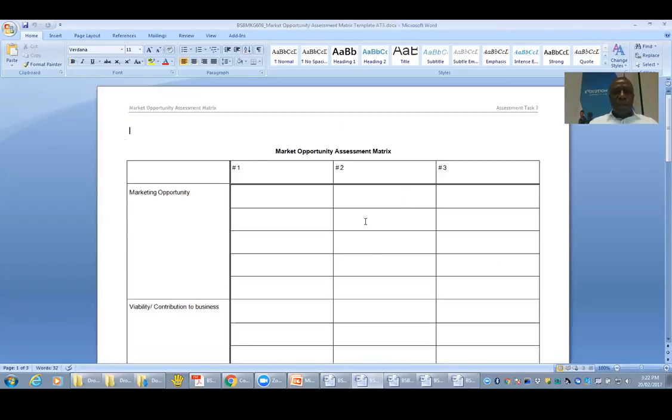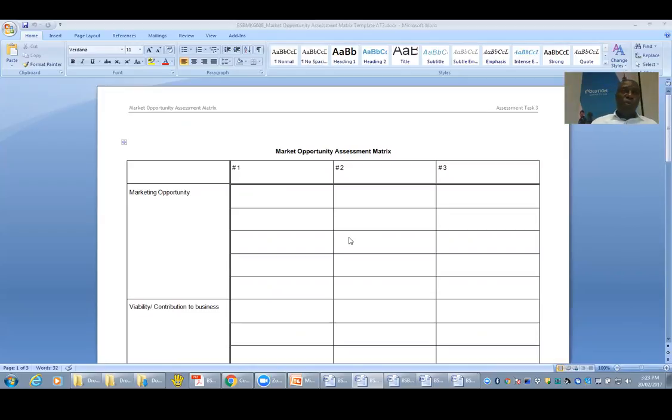The second will be: you're going to complete market opportunity assessment matrices. So what is the market opportunity? What are the opportunities that you're seeing here? Every organization will have different opportunities. Maybe the opportunities are in technology. Maybe they can be viewed best by population growth.